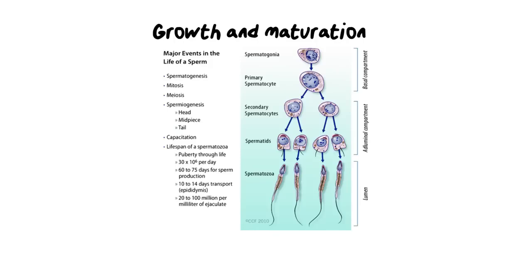So let's take a look at the growth and maturation of these sperm cells. Our sperm cells go through some major developments through the course of their existence. Starting off with what we call spermatogonia, which is essentially an undeveloped, undivided, still diploid cell. This cell hasn't completed any of the growth or changes that it needs to.